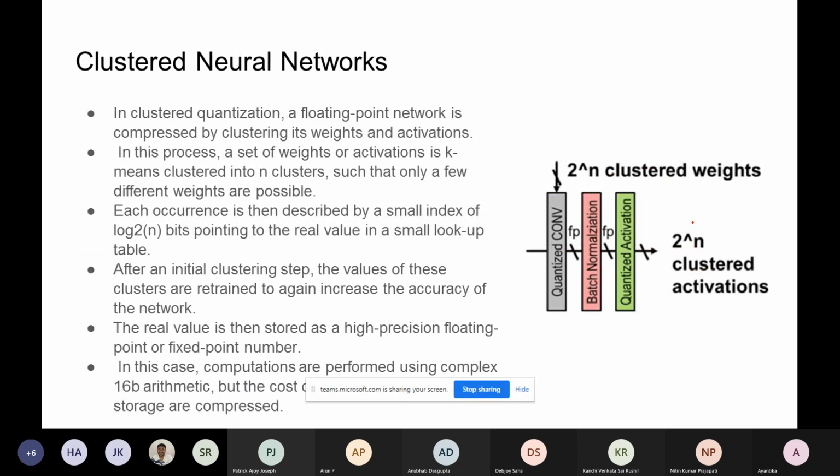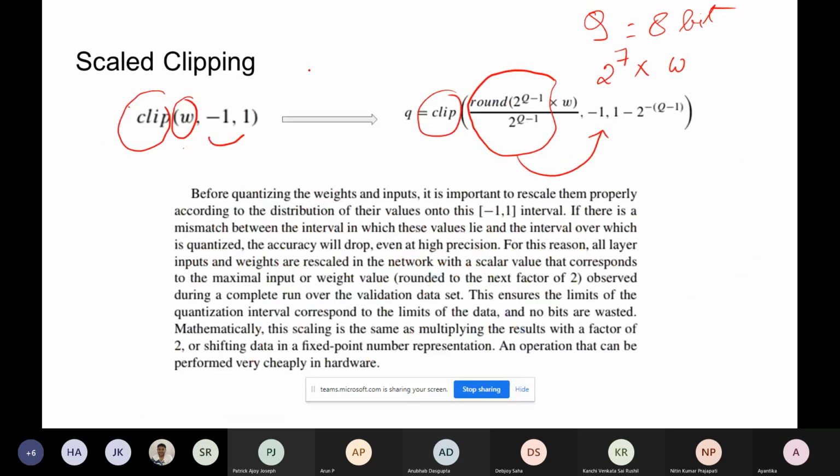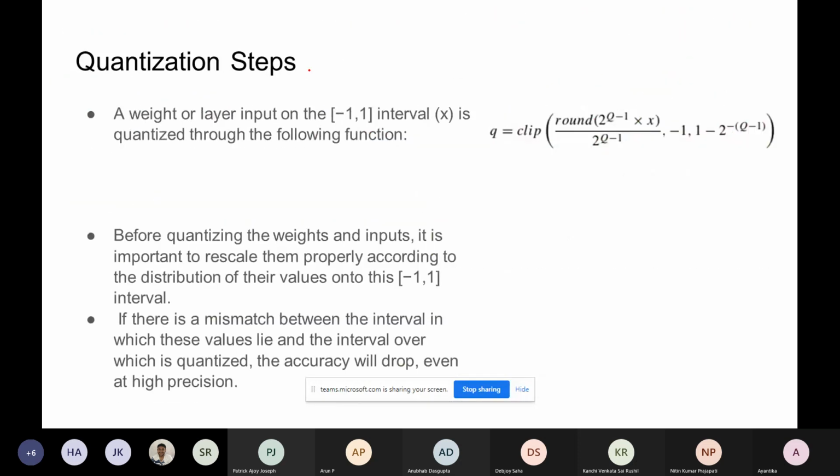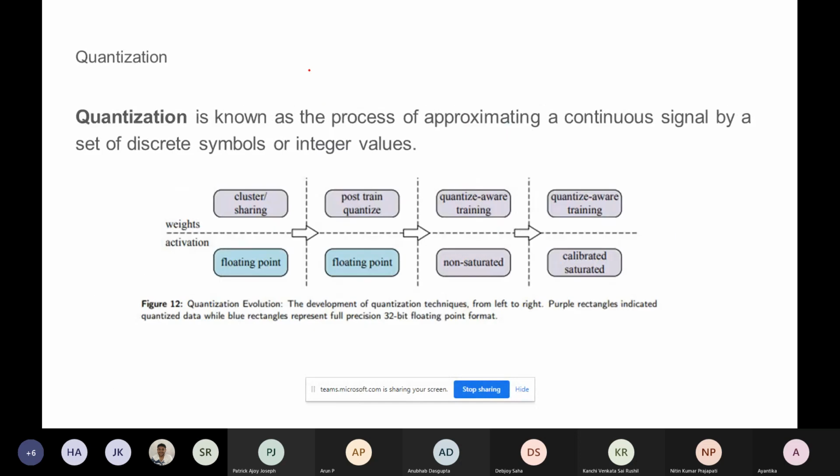Another simplified neural network, in continuation, is called the cluster neural network. So far we have talked about post-train quantization and quantization aware training.